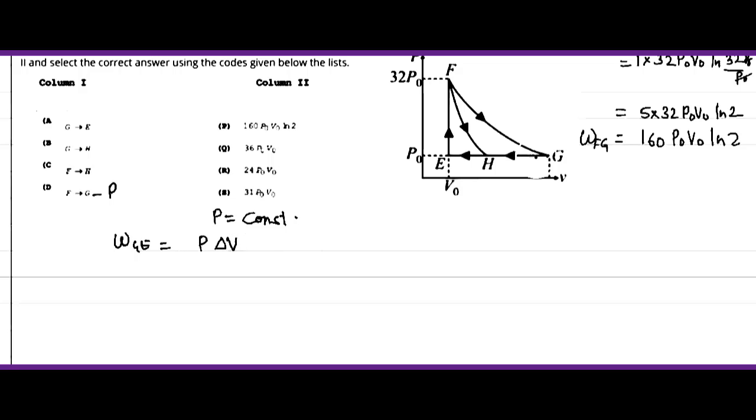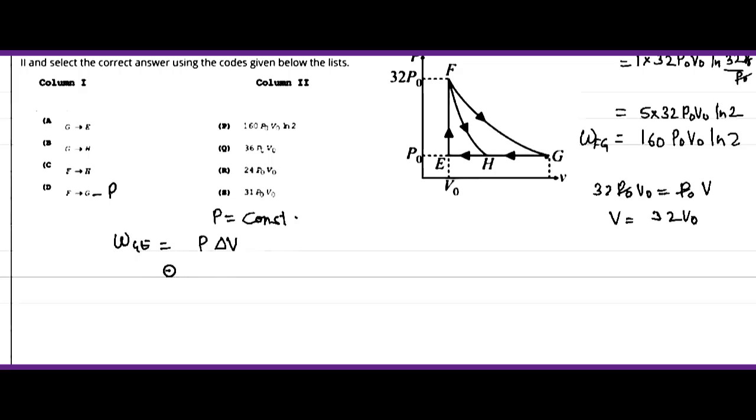Now to find dV we need to know the volume here, so we can apply the isothermal relation between F and G. This is 32 times P naught V naught, where the pressure is P naught and the volume, let us take this as V. So this gets cancelled, and the volume at G is simply 32 times V naught.